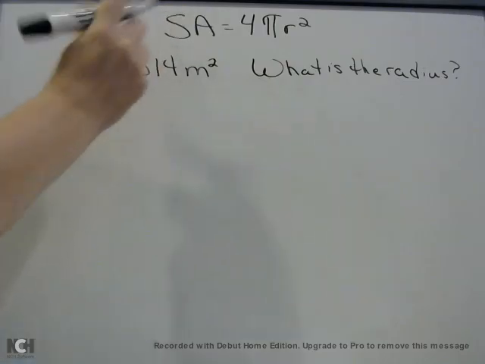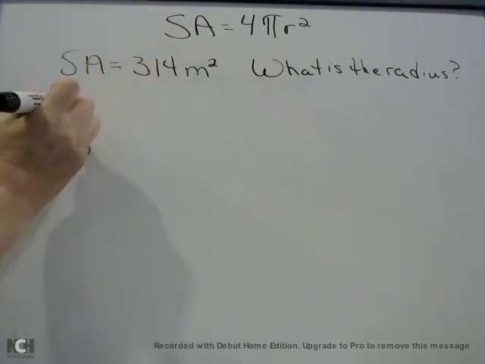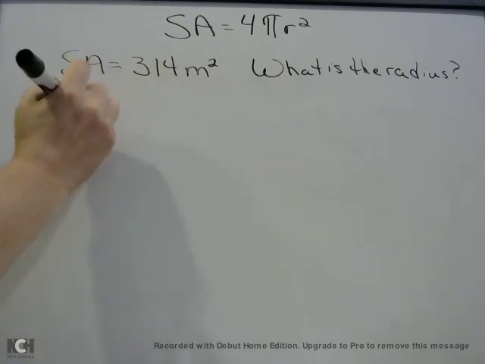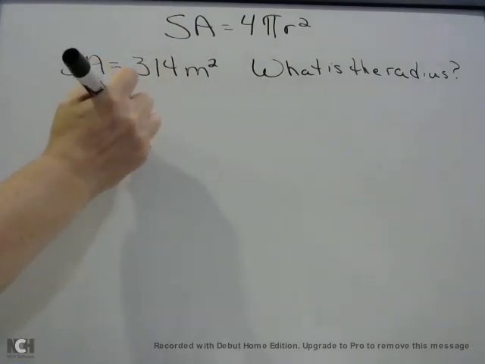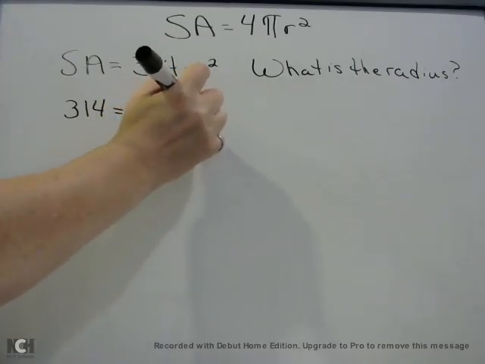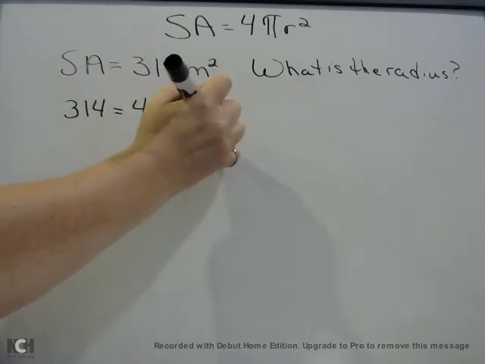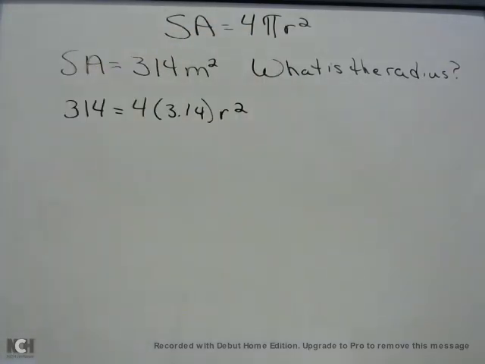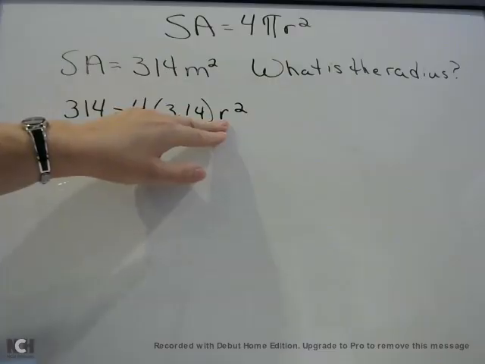So we go to our formula sheet, and we just plug in what we know. Surface area, 314, equals 4 times pi, so we're going to multiply that by 3.14, times radius squared. We don't know what the radius is, so we just leave that symbol there, radius squared.